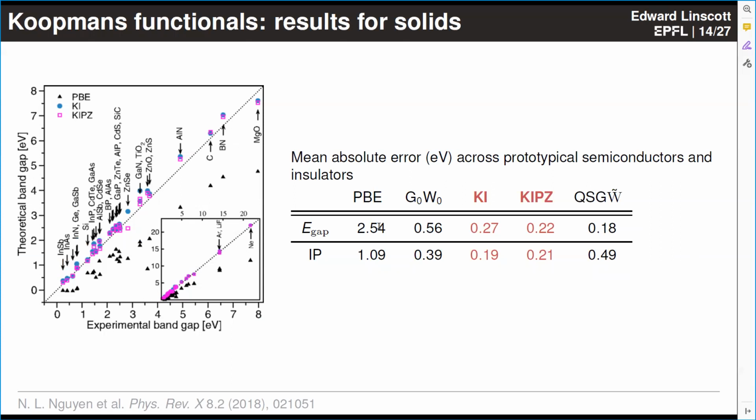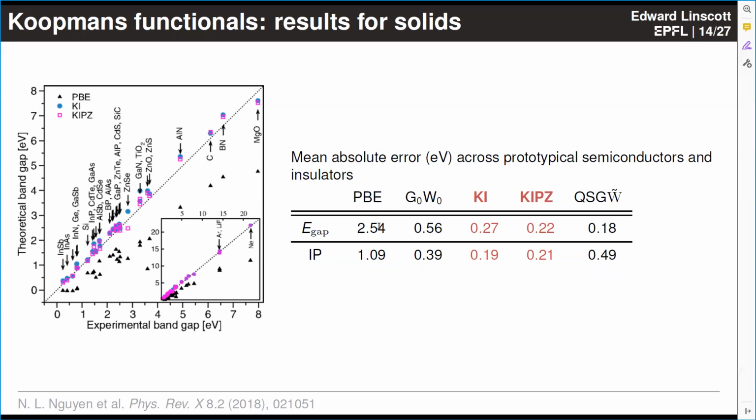Here we're looking at the experimental band gap compared to the theoretical band gap. Across this set of, I think, 30 typical semiconductors and insulators, we get a gap with a mean absolute error of around 0.2 to 0.3 electron volts, which is comparable to very high quality quasi-particle self-consistent GW with vertex corrections.